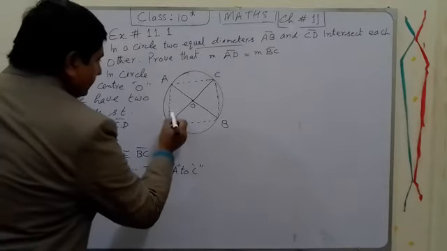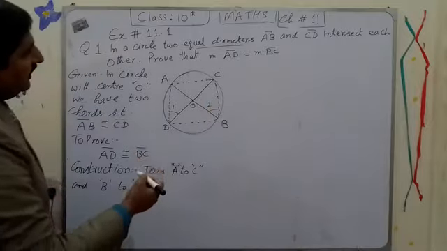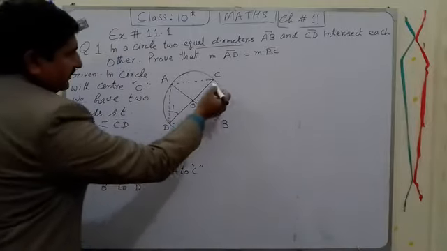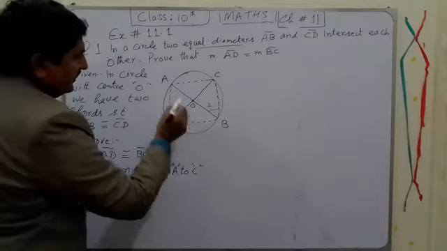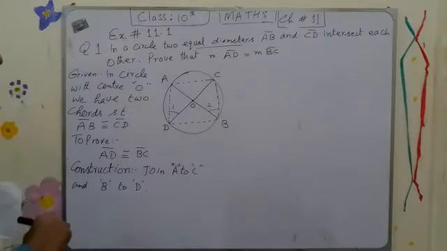Another is that there is angle 1 and this one is angle 2. These are two central angles. This AD is a chord and CD is a chord, so this is known as a central angle. AB is a chord and BC is a chord, so this angle 2 is known as a central angle.